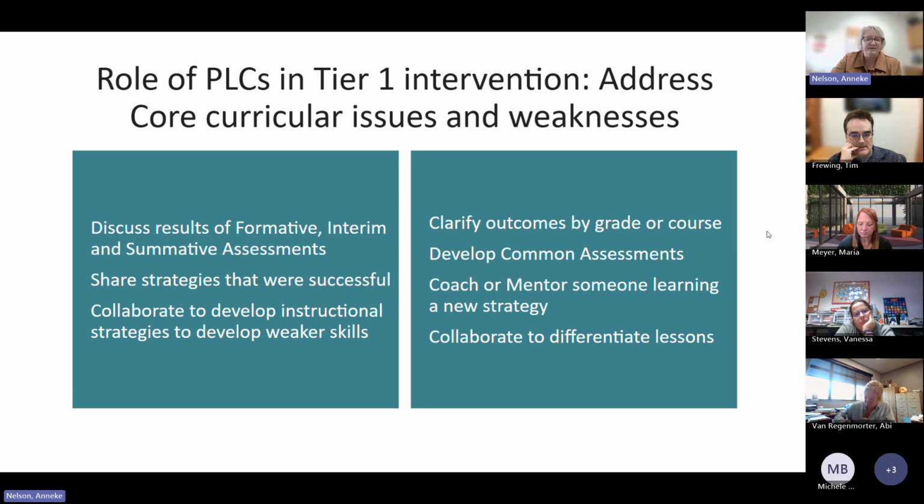The purpose of PLCs really is to come together, discuss the results that you have with formative, interim, and summative assessments, and then collaborate about what strategies we used that were successful, and how we collaborate to improve instruction on certain skills.